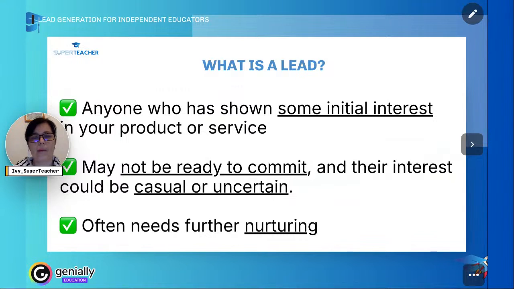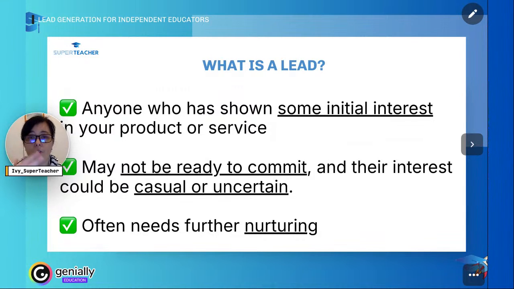Maybe they just like something at first sight, but then they may not be ready to commit, and their interest could be casual or uncertain. Let's say they needed something at that very moment. They saw your post on social media, or they heard about you, took a look at your profile or anything you shared, and they were like, "Oh, interesting."